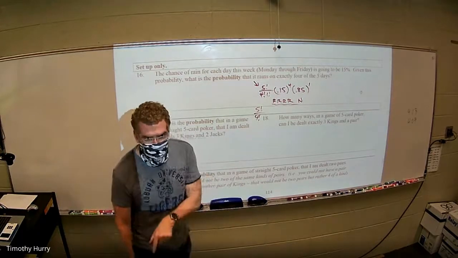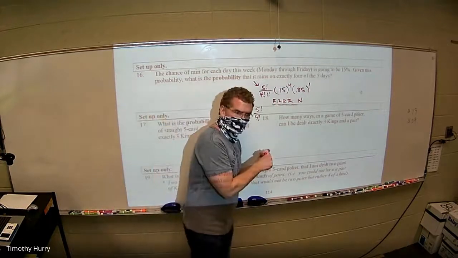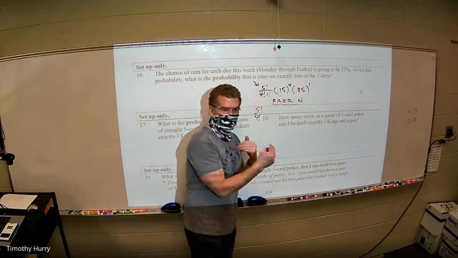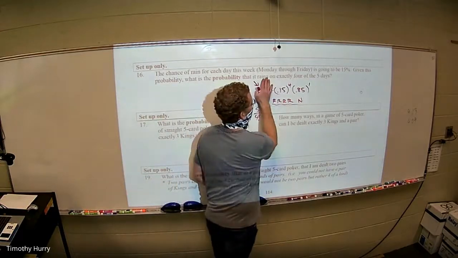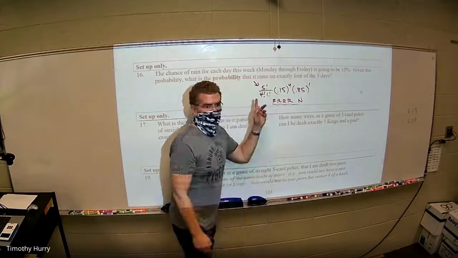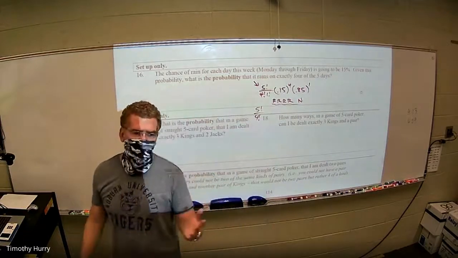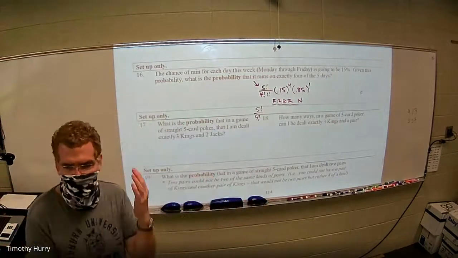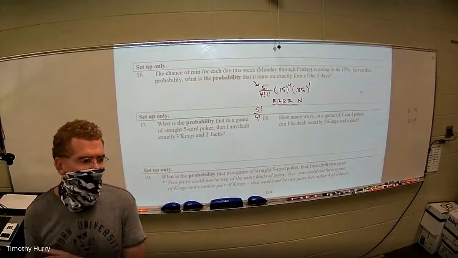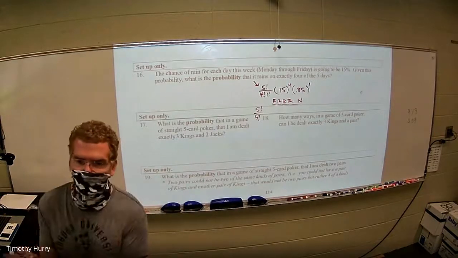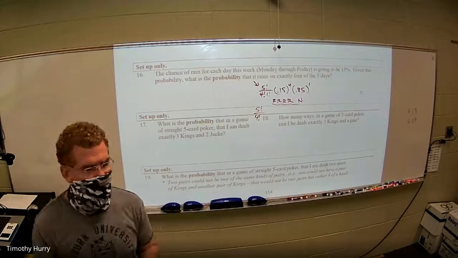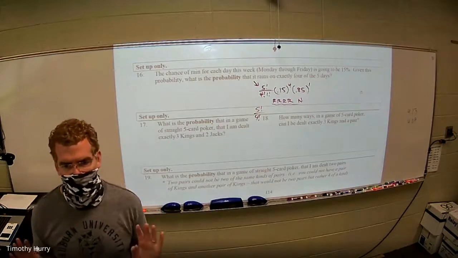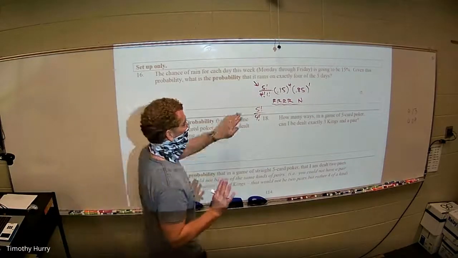If I specify that it has to happen in a certain order, like whatever I told you to find, then you don't want that. If I don't specify it, you do want it. So like if I'm playing cards with kings and queens and jacks or whatever, and I say, hey, what's the probability of getting this in that order? Well, you don't want to use C's. You want to use P's, or you want to forget this.